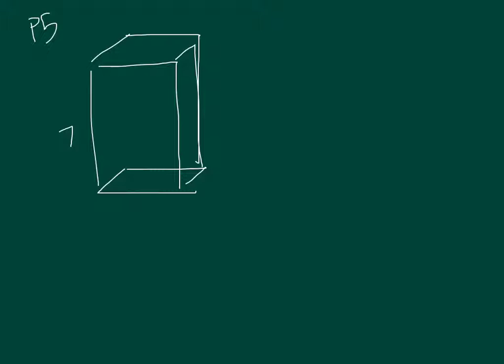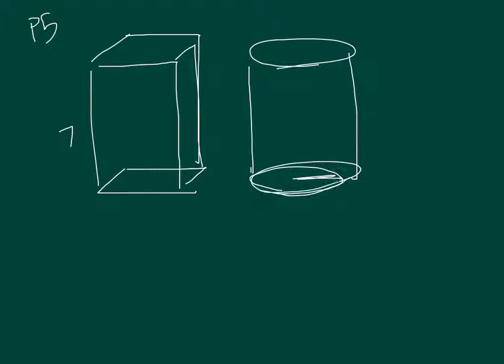And we have another cylinder which has a congruent radius. Another hint is that these two figures have the same volume, and also the radius and the side edge are exactly the same.